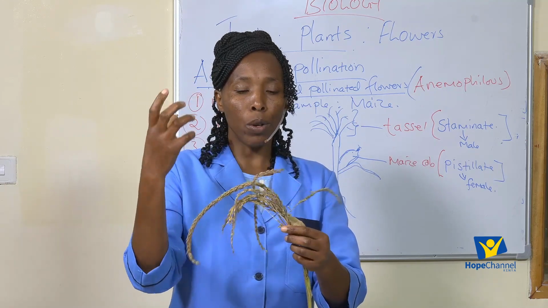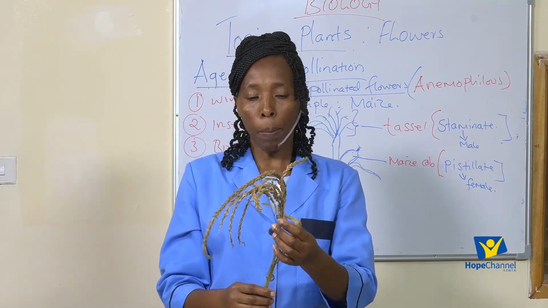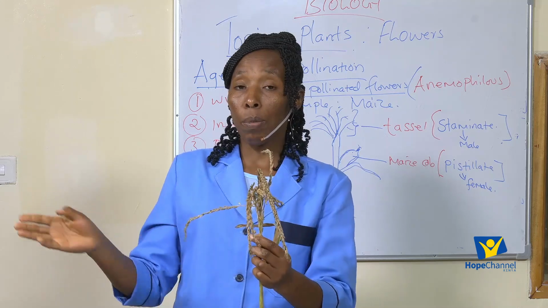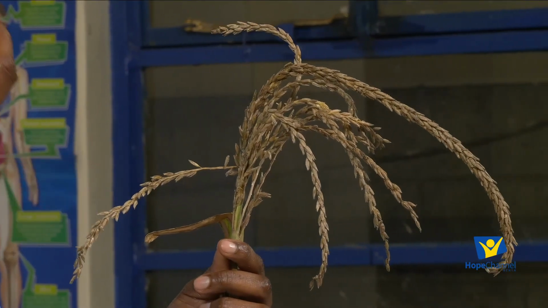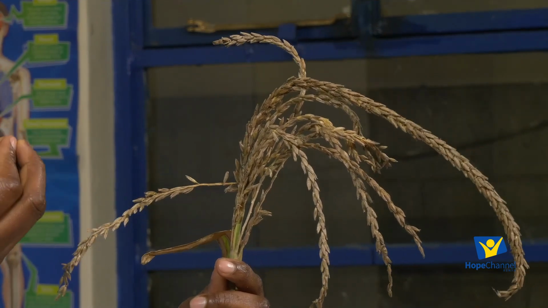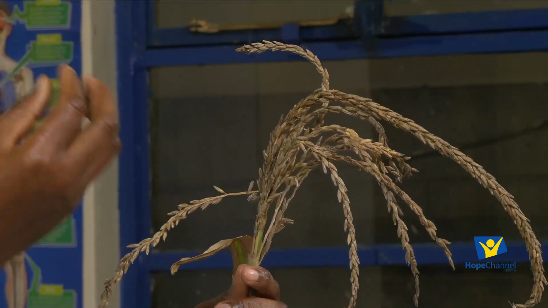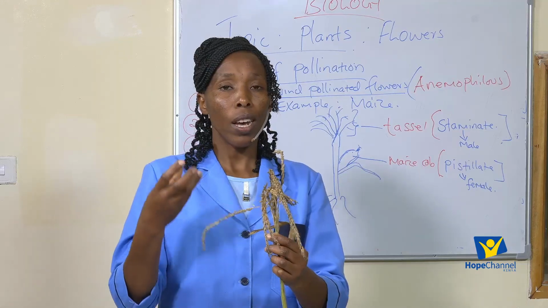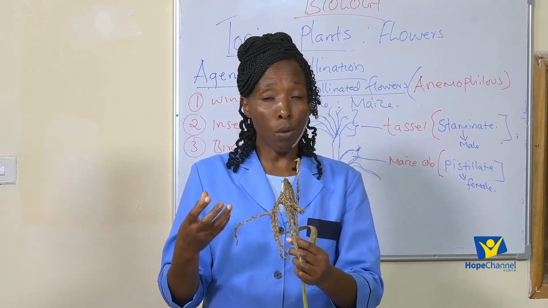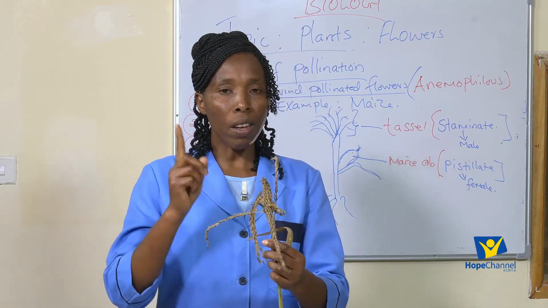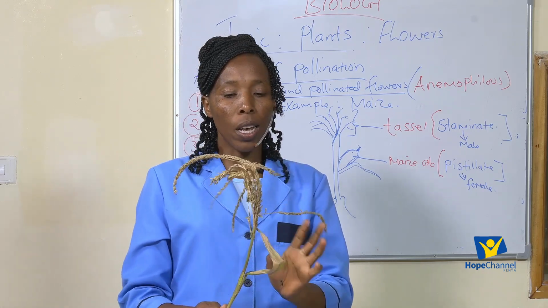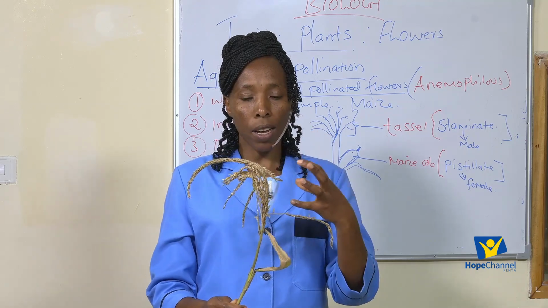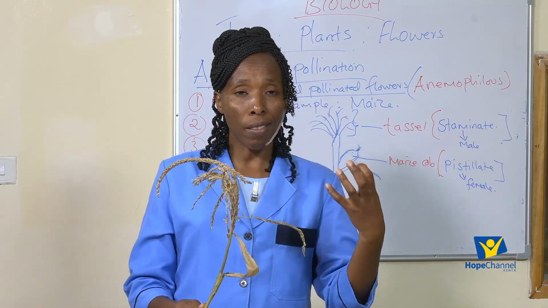Why are they produced in large numbers? Remember, these pollen grains will be swayed or swept by wind. So we want to increase the chances of what? Pollination. If you have a higher chance of pollination, then there is a higher chance of fertilization. Remember, there is no fertilization without pollination. So we say the pollen grains are produced in large numbers.